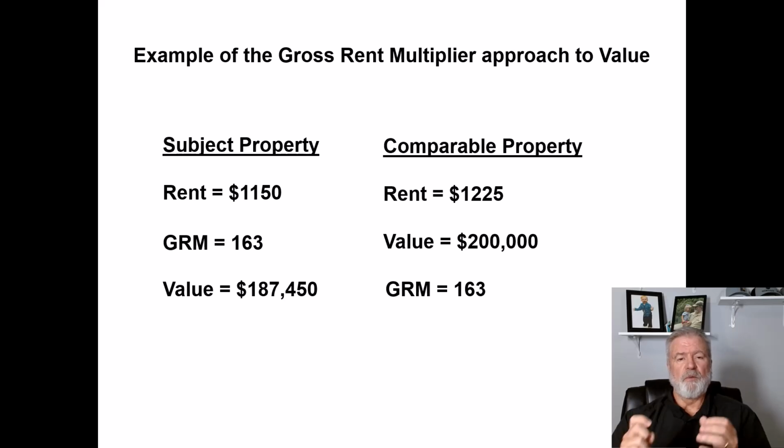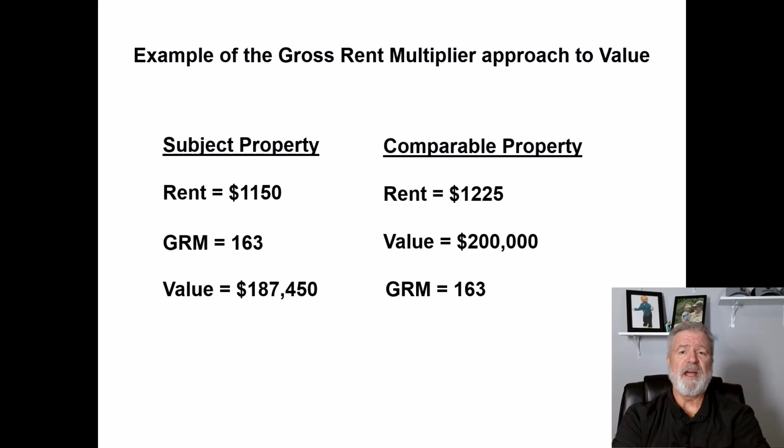So basically the gross rent multiplier is telling you how many months you would have to pay whatever the rent is to equal the value, okay?